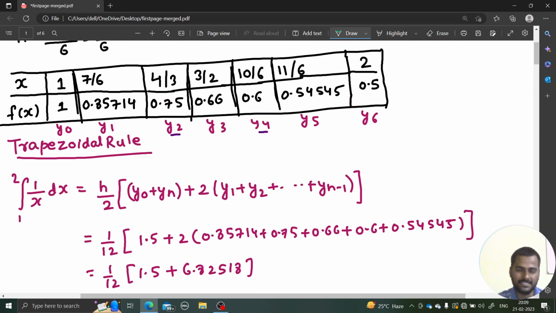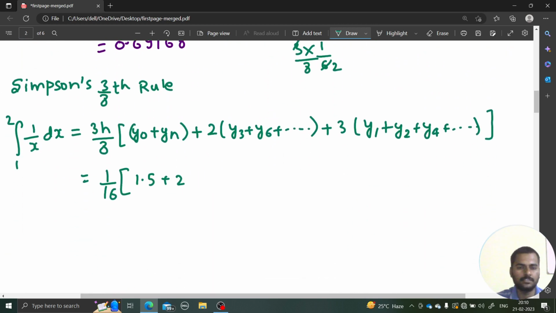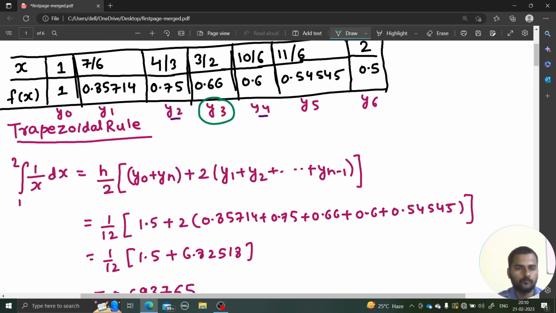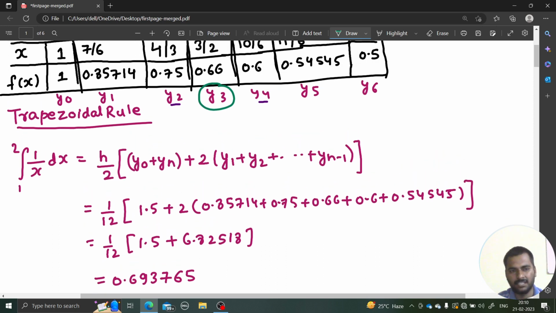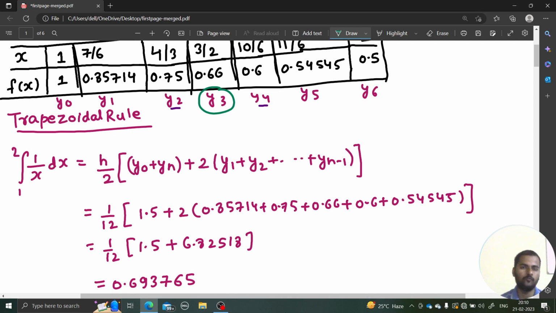You will not take y6 because we have already taken it. The only thing there is y3, which is 0.66, plus 3 times y1, y2, y4, and y5 also, because that is neither a multiple of 3 nor covered in y0, y6. So 1, 2, 4, 5.